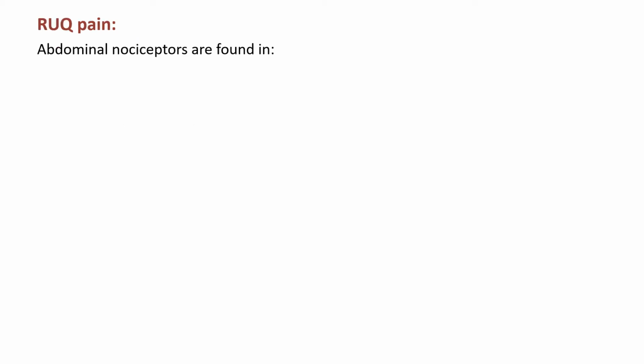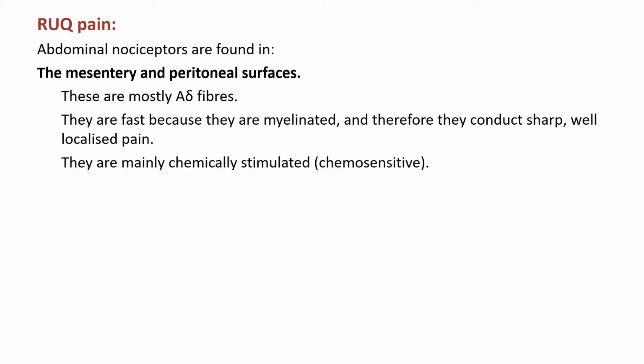So let's talk about right upper quadrant pain, because of course that's where the liver is, that's where the pain is, other than possibly referred pain that we'll talk about in a while. So we need to look at the nociceptors to think about transduction. So we have the mesentery and peritoneal surfaces, and if you remember when we talked about GI before, we pointed out that these are mostly A delta fibers.